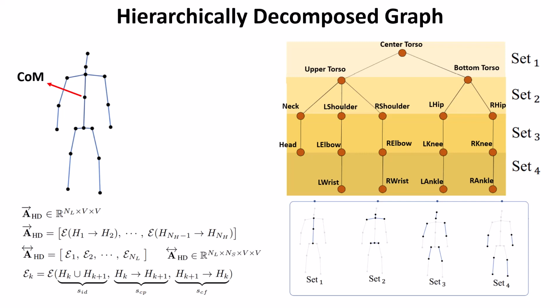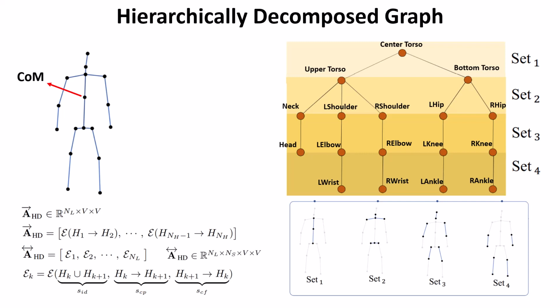Each edge set has 3 subsets. What are these subsets? Identity subsets, which connect one node to itself, centripetal, which connects from the node itself to the parent, and centrifugal, which connects from itself towards the children. And for each of them, we have this V times V matrix, which says which node should be connected to which joint. And this way, we hierarchically decompose the graph into a tree.